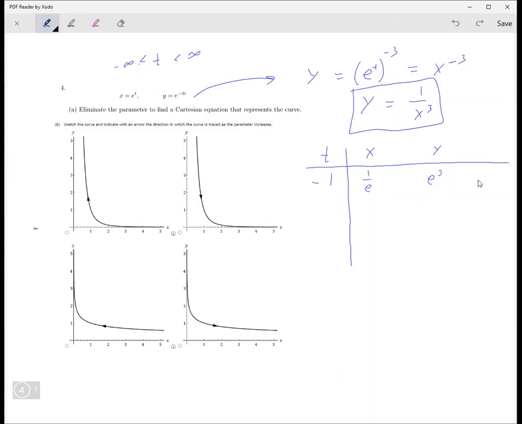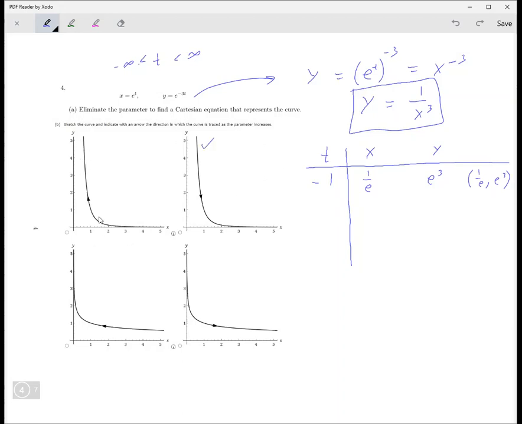So you have 1 over e and e cubed. That's a small number here. 1 over e is about right over here, and then e cubed is pretty big, so it could be this one right here.